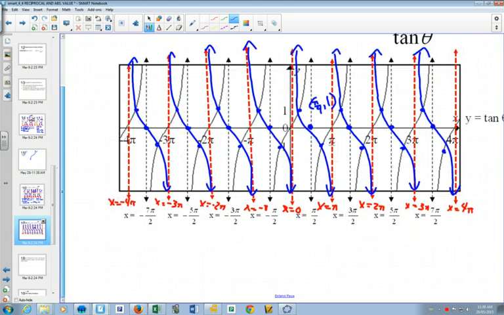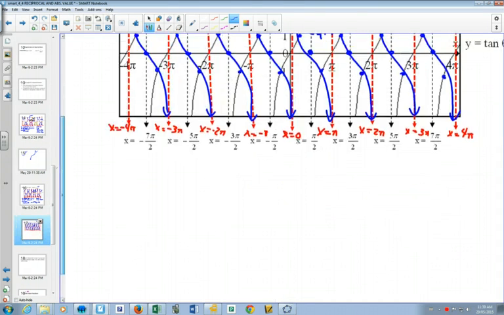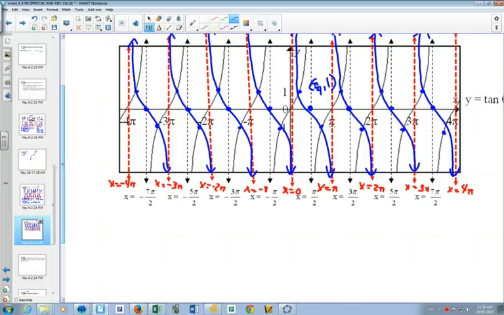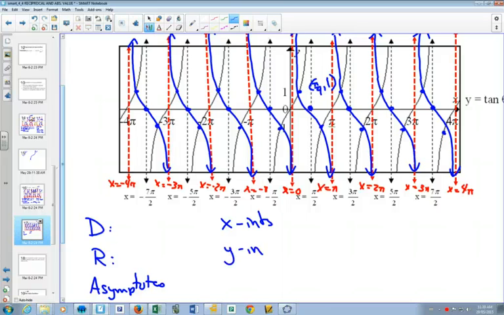Finally, our last one, cotangent. Our domain for cotangent is exactly the same as our domain for cosecant.